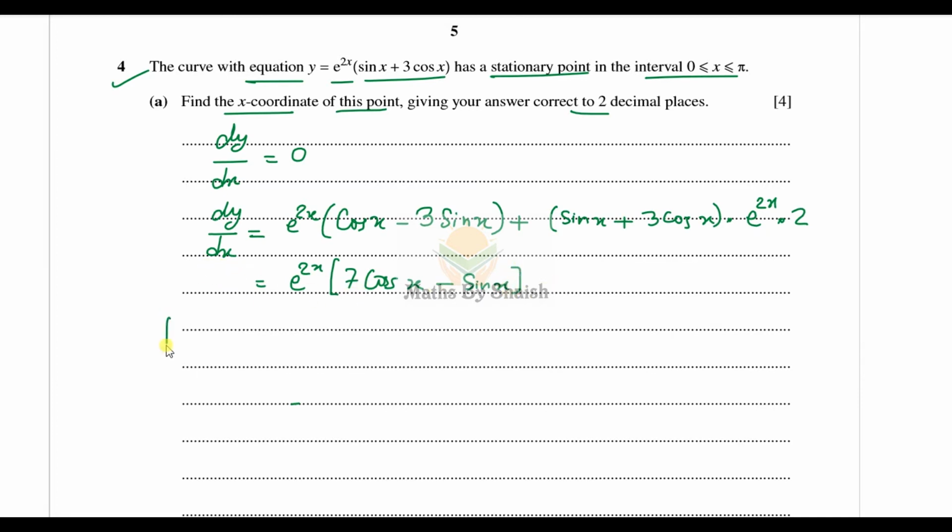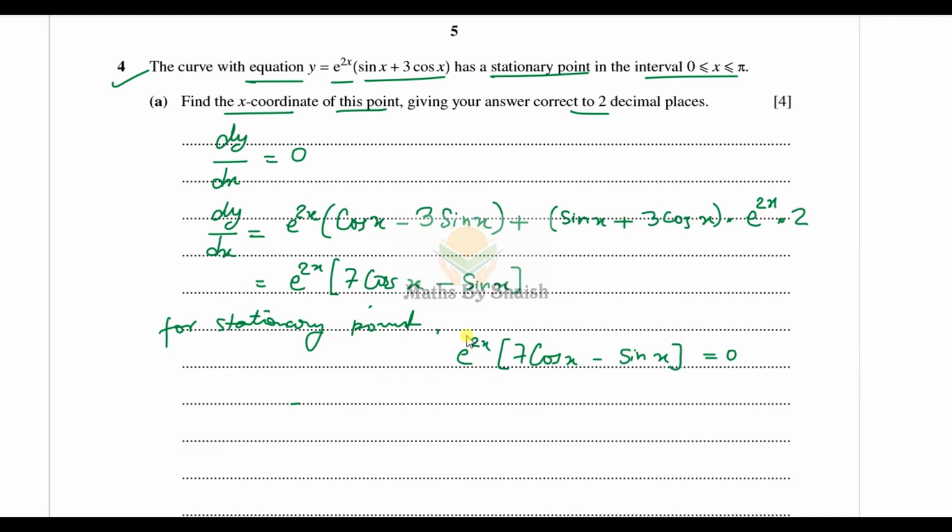So at a stationary point dy over dx is 0, so e raised to the power 2x into (7 cos x minus sin x) will be 0.